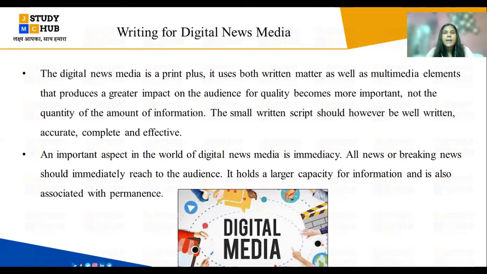Once you share, people will see and they can give their own comment. They can give their feedback immediately to that particular picture, write-up, graphics, anything. So all news or breaking news should immediately reach the audience. It holds a larger capacity for information, and it is also associated with permanence. So this is what digital news media is actually dealing with.